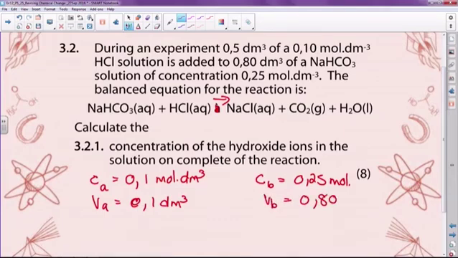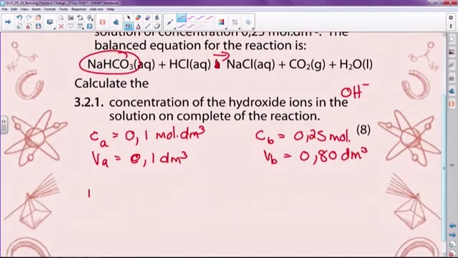Now, in a situation like this, I know some of you attempted to go nA over nB equals cAVA over cBVB. You can't. The fact that they don't say they neutralize each other means that we have something left over. The fact that they're asking for the OH minus concentration means that I have to have base left over, and I need to know how much.